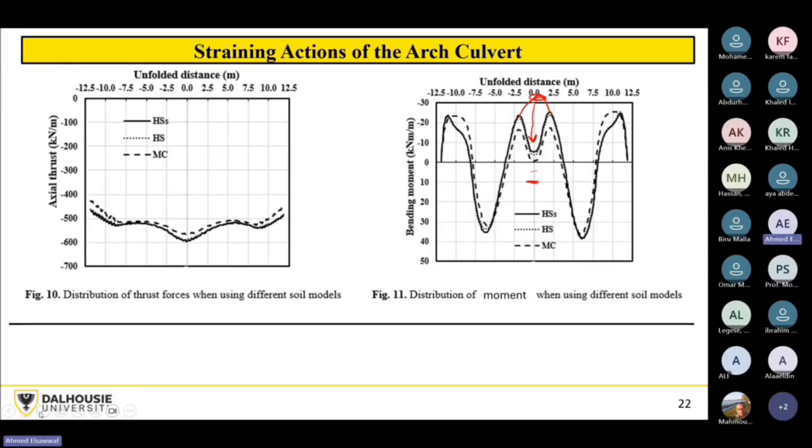You can see that you don't have much difference between the three models when you look at the axial thrust and bending moments, but still, if you are doing some value engineering and you want your design to be very specific and very accurate, you still have to consider the HSS model for accuracy of internal forces.